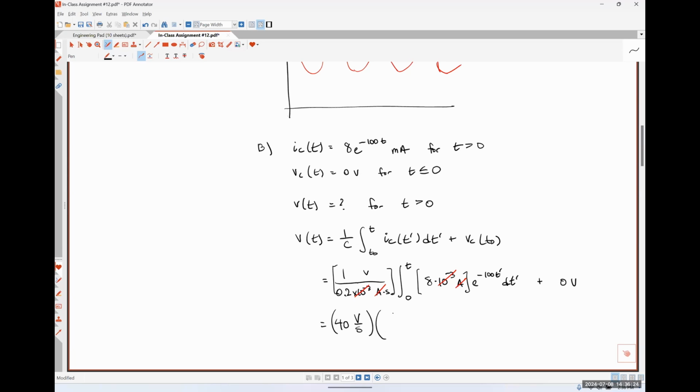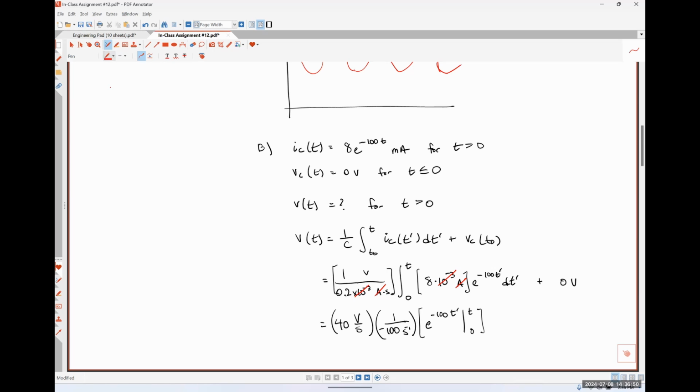All right, so I'm going to have 1 over negative 100. And the units here should be per second. We talked about why that is in our last class meeting. Then I'm going to have e to the minus 100 t prime evaluated at t and 0.